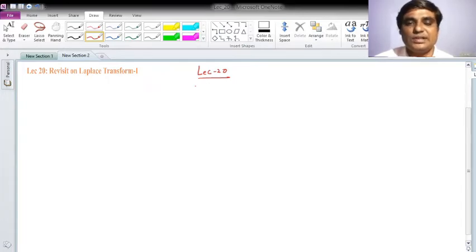This is the reason I have to apply the Laplace transform, or use the Laplace transform tool, so that I can analyze my circuit in the frequency domain, by which you can get some extra information. So in this lecture we will revisit the Laplace transform.